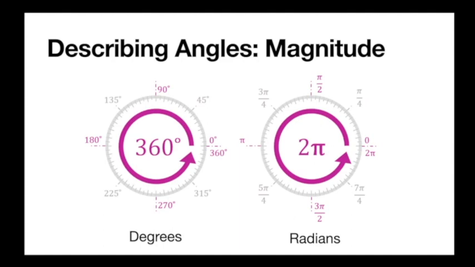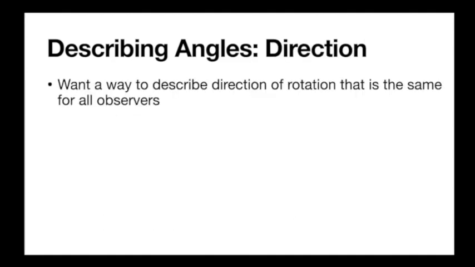And so radians are actually dimensionless, and we can just use them in equations without having to do any conversion. We'll see clearly what that exactly means soon, but we're going to use radians. 2 pi is equal to 360 degrees, or all the way around. So pi over 2 is 90 degrees. Pi is 180.